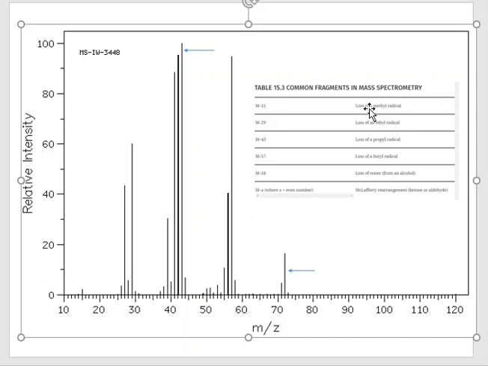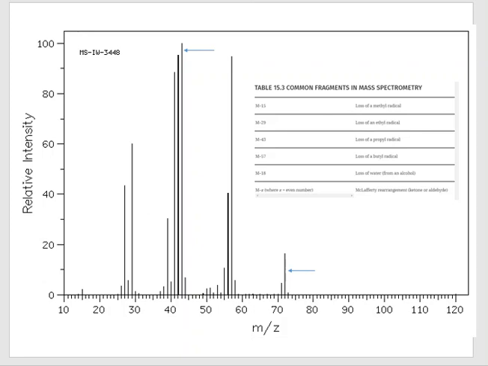That's probably losing a methyl radical. And then we lose minus 29. That's probably loss of an ethyl radical. This thing is 29, so that probably is an ethyl radical, and it's lost the rest of its molecule. So you can tell a little bit about the structure of the molecule. We know it has a methyl group. It probably has an ethyl group in there as well.